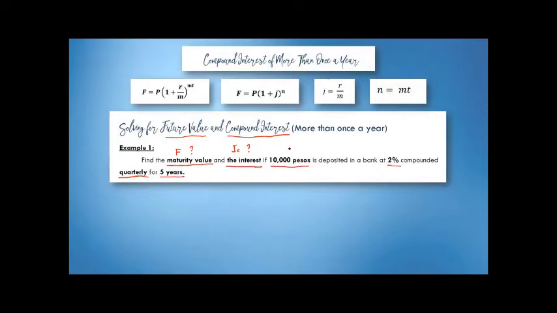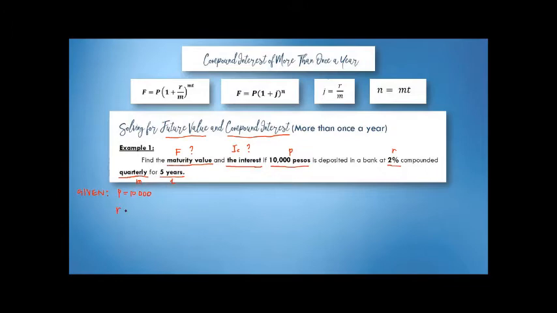Yan. So we have the principal amount of money, we have the rate, and we have the compounding period, which is M, and we have the time in years. Highlighted ng ating given, i-write lang muna natin. We have the principal amount of money, that is 10,000 pesos.